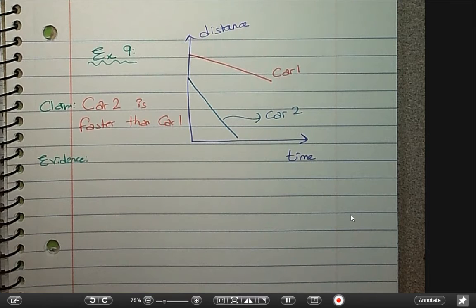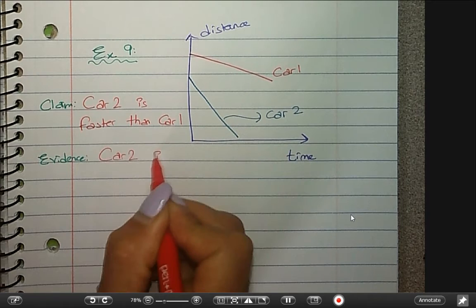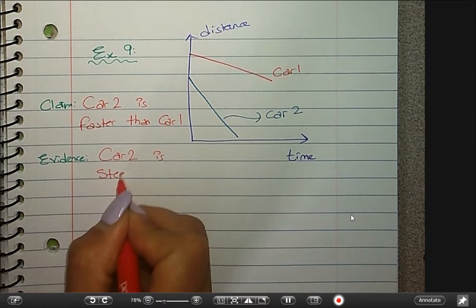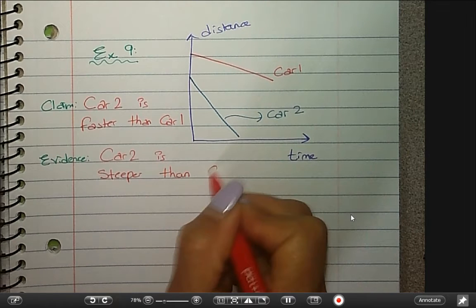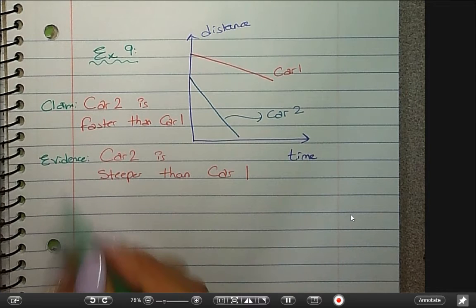It's because when you look at it, car 2 is steeper than car 1. Well, what is your reasoning?